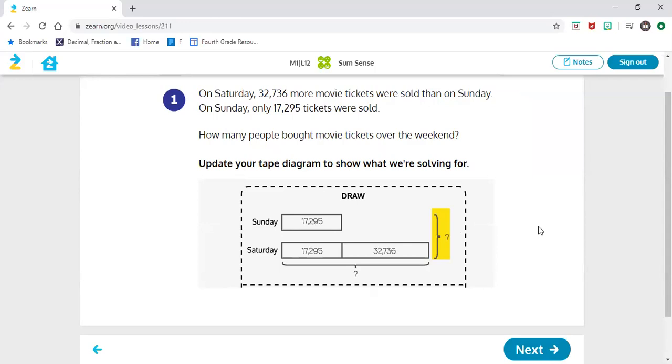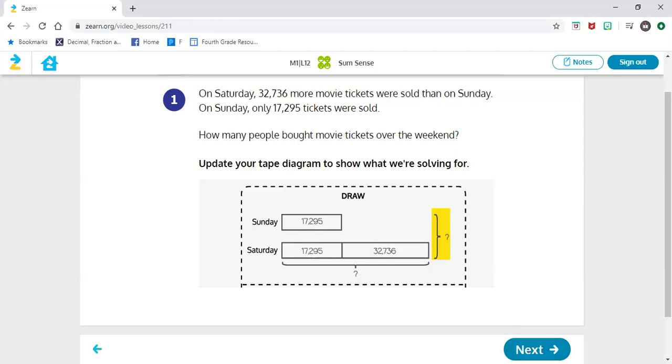See how Sunday and Saturday both have 17,295? Because I see the word more, I know that on Saturday they sold at least the same number that they sold on Sunday, in order for it to say more. So if this is not the tape diagram you have on your paper, pause it here, correct it.